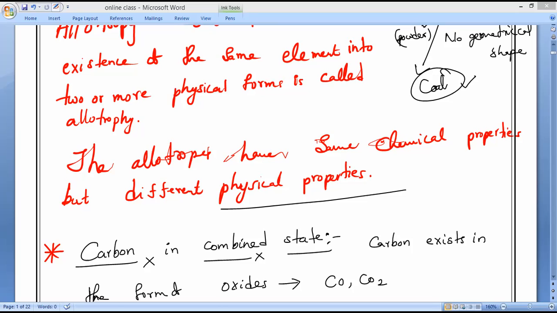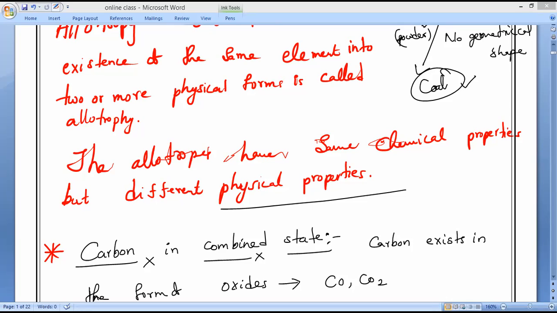Now, graphite is a good conductor of electricity like metals. The one and only non-metal which is a best conductor of electricity is an allotrope of carbon. What is that allotrope of carbon, everybody? Graphite.